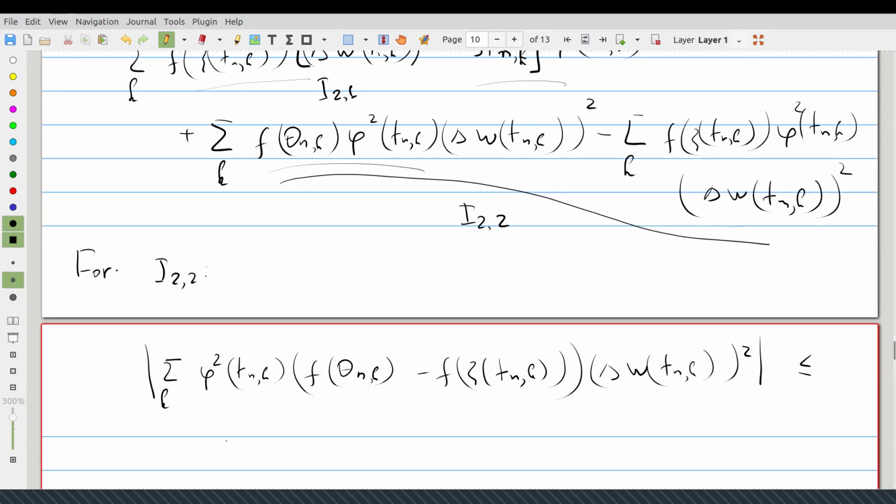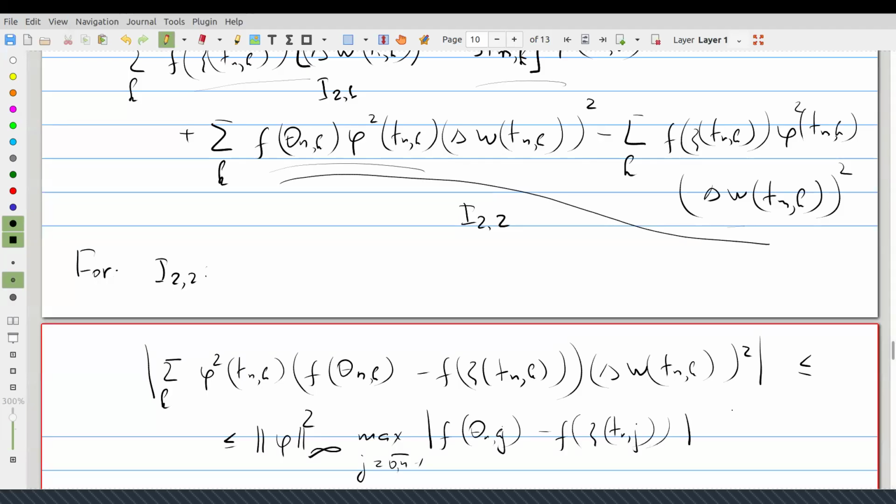The absolute value is less than phi squared infinity, maximum over j from 0 to n minus 1 of f of theta n j minus f of psi t n j. And here we have the sum over k of delta w t n k squared.